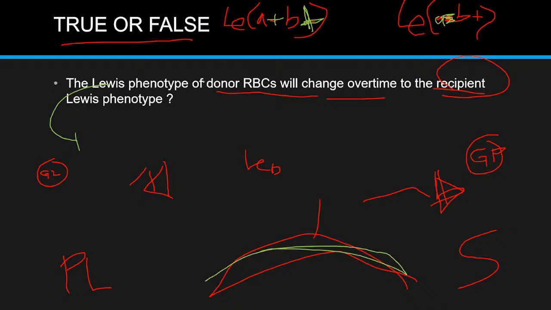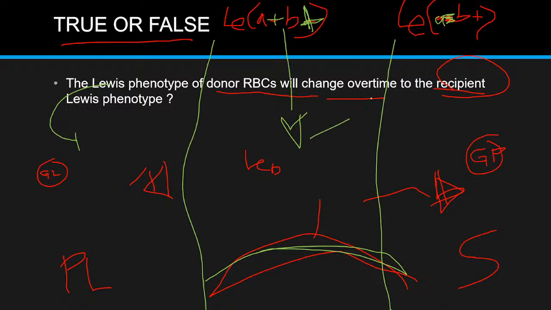Tandaan, papasok si donor dito. Positive siya, pero magiging ganito siya. Paano nangyari yon? Naging negative yung A. Pasok siya dito, positive, di ba? Because the patient has the FUT3 and FUT2 enzymes, mas dadami ngayon yung B antigen, yung LEB substance, sa surface ng RBCs niya.